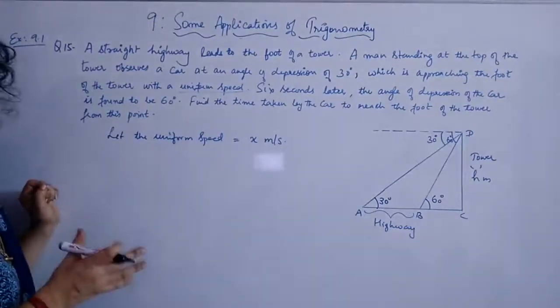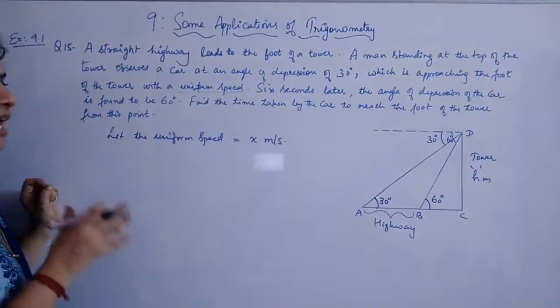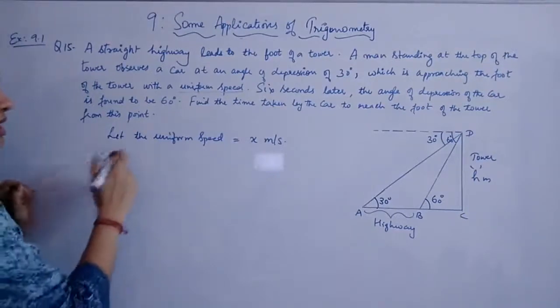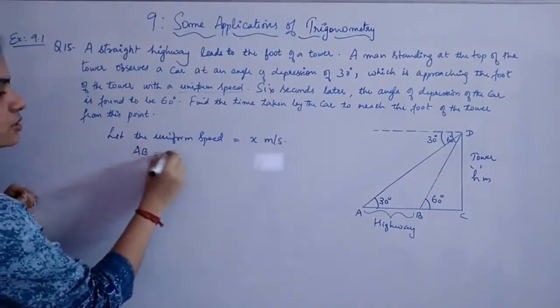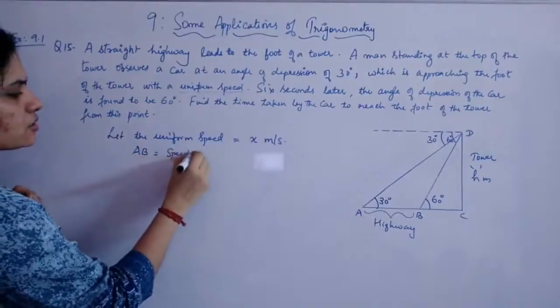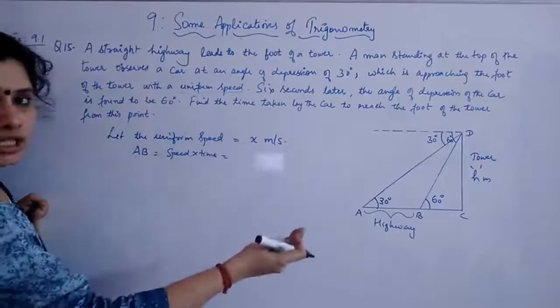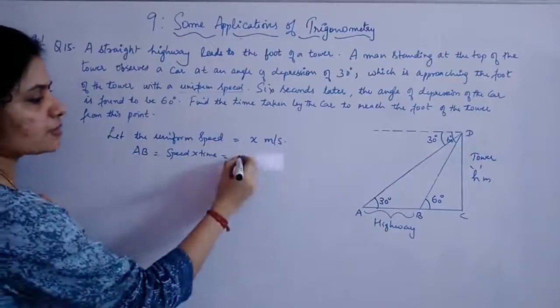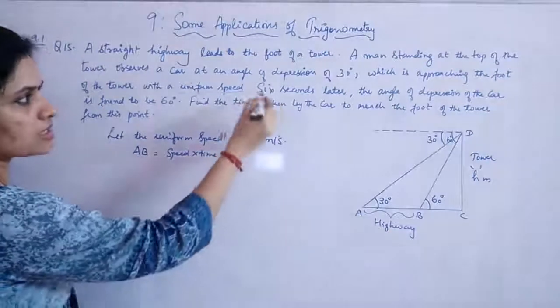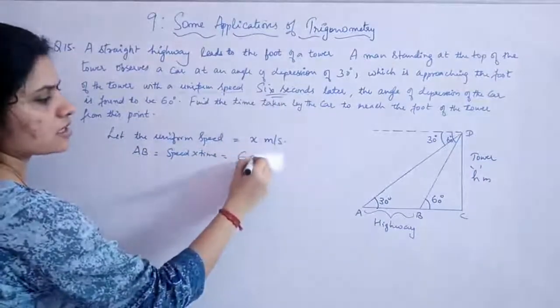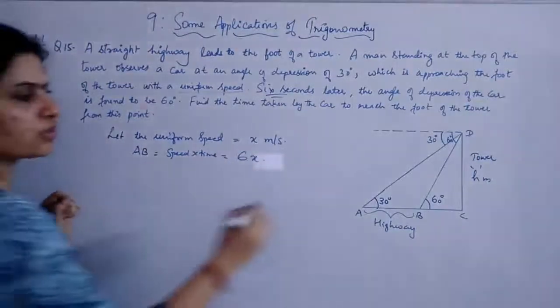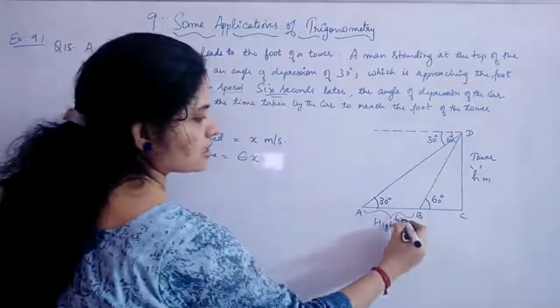AB is actually the distance traveled by the car, right? And distance is equal to speed into time. So AB is equal to speed into time. After 6 seconds it is reaching B, so speed is x and time is 6 seconds. So you will have 6x.